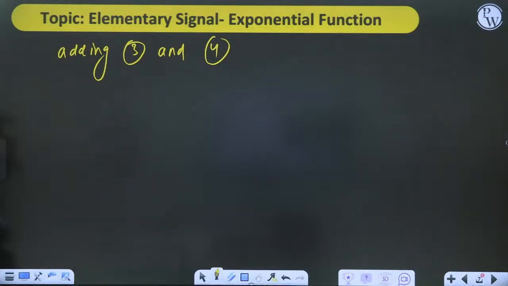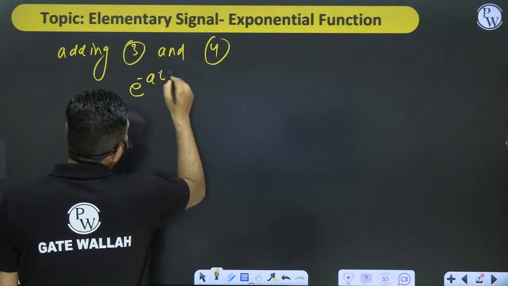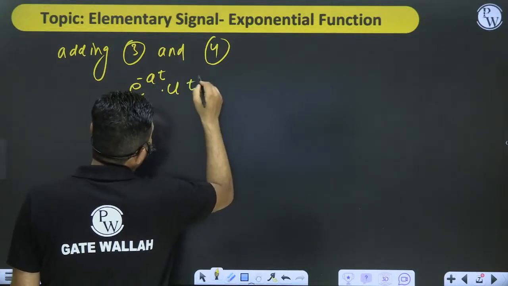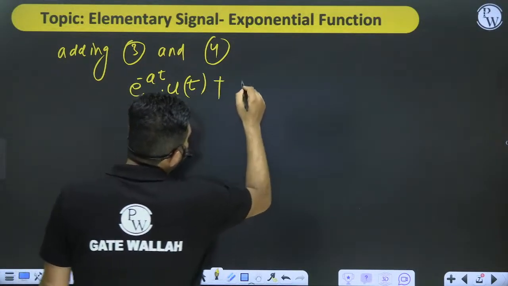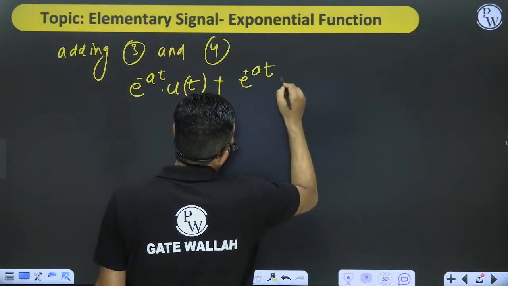So what you will get? That is, I'm adding e to the power minus at into ut plus e to the power at u minus t.